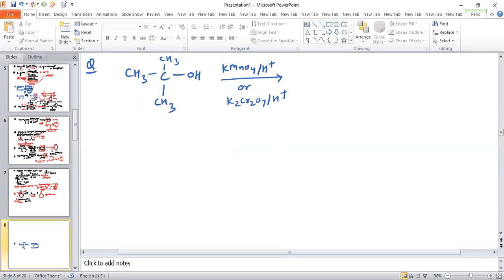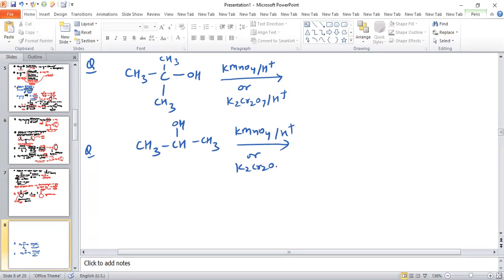Next, if we have CH3, CH, OH and CH3, and we add KMnO4 in acidic medium or K2Cr2O7 in acidic medium, what product is obtained?